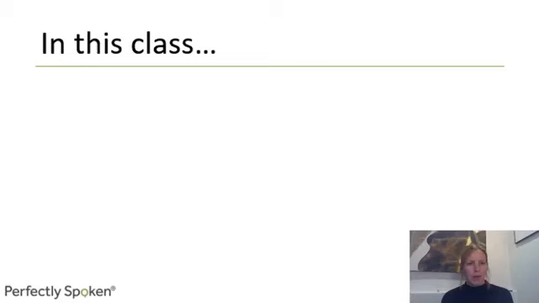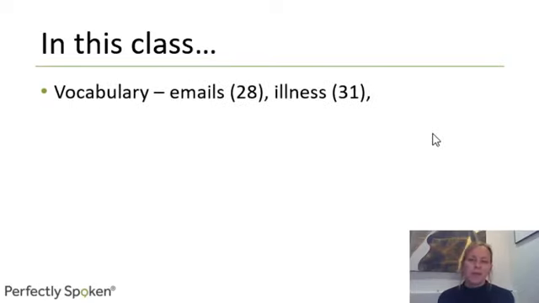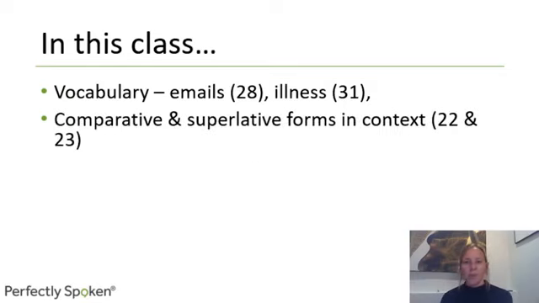Okay, so well done. We did quite a lot in quite a short space of time. So now I'm just going to show you what we did in the lesson, okay? So here we go. In this class, we did vocabulary emails, for example, which you can find in lesson 28, illness in lesson 31. Comparative and superlative forms in context. You can look at these again in lesson 22 and 23.